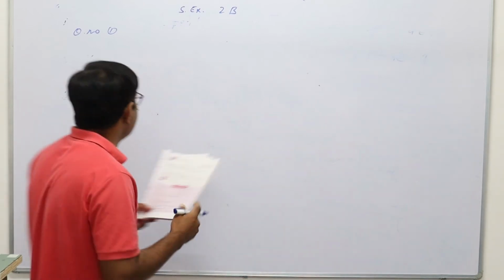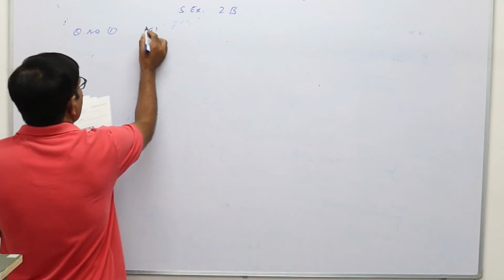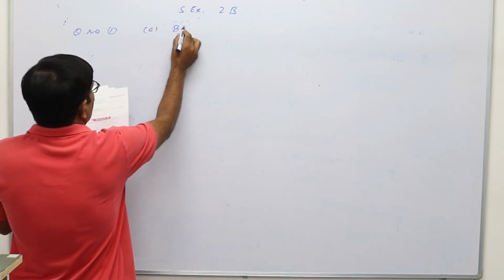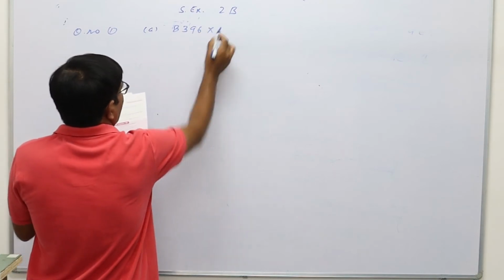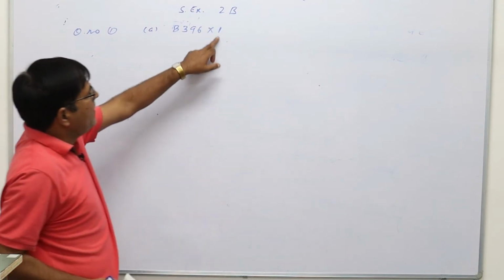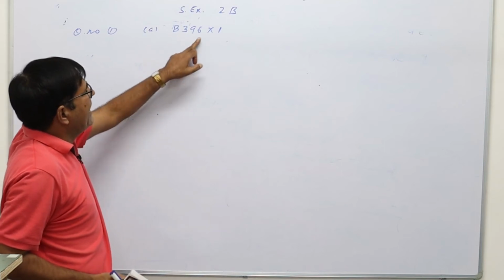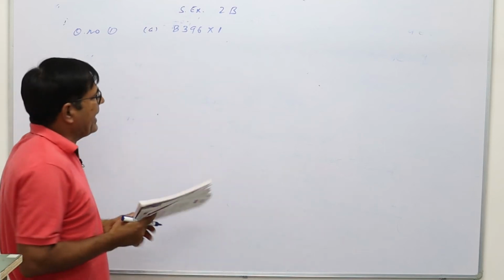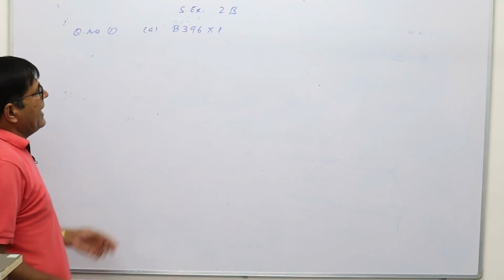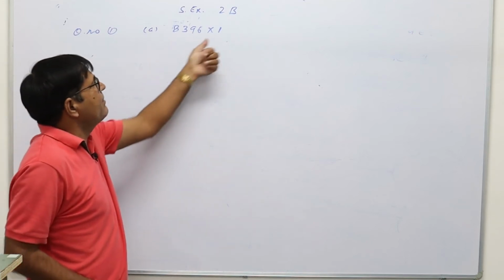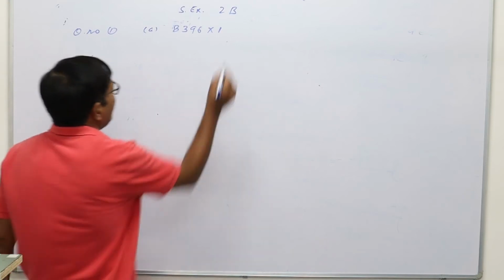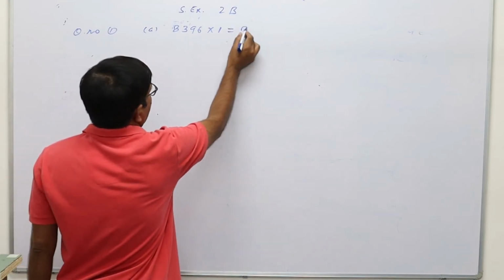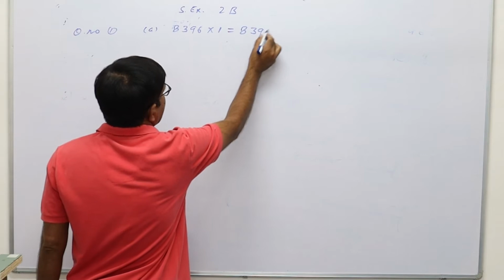The first is, 8396 is multiplied with 1. So 1 is the multiplier and 8396 is the multiplicand. And we know that if any number is multiplied by 1, then its value will always remain the same number. So 8396.